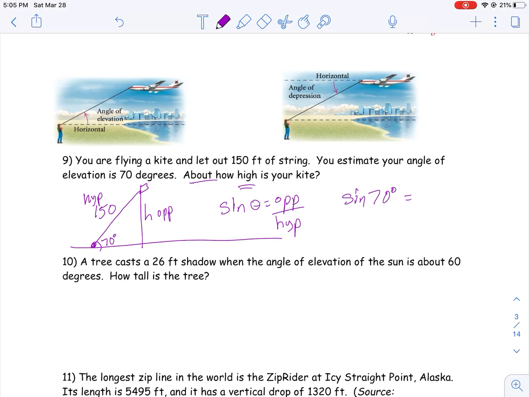The sine of 70 equals h over 150. Put it over 1 and cross multiply. h equals 150 times the sine of 70. In the calculator, that tells us the height is 140.9, or 141.0 feet high.